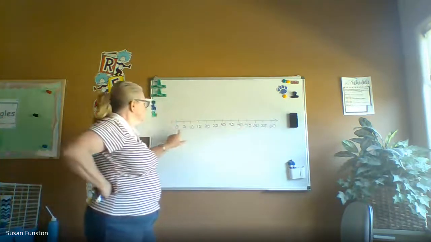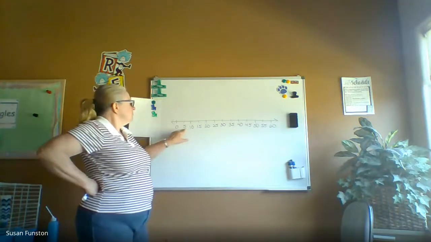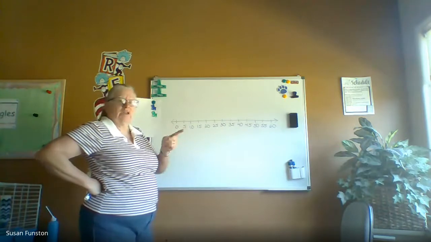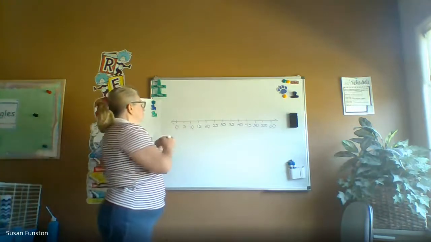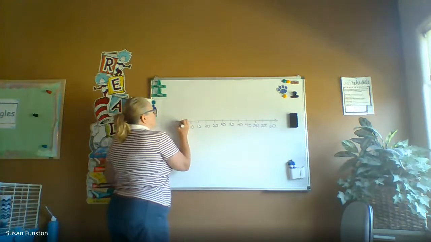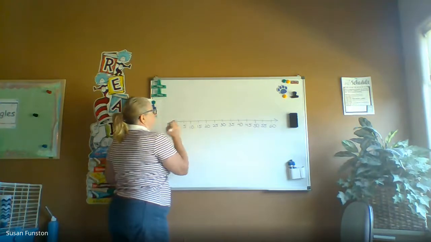Let's come back to 0, 5. So did we leave out some numbers in between here because we're counting by fives? Sure we did. We left out 1, 2, 3, and 4. So we could put our tick marks in for those. 1, 2, 3, 4, 5.